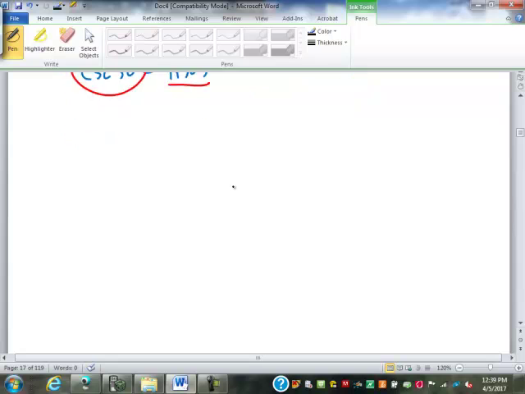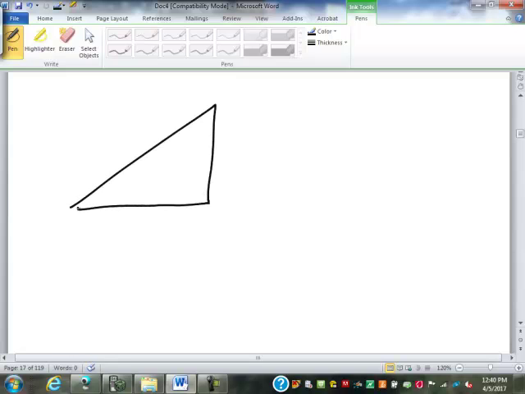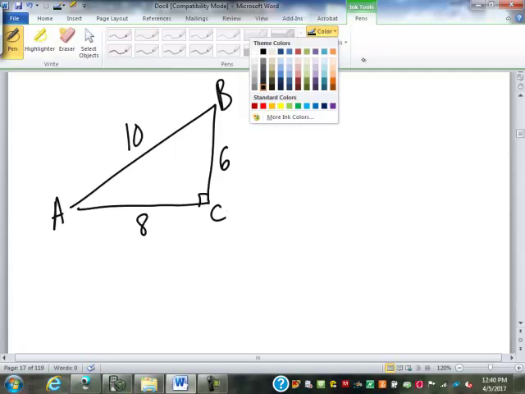Okay, well, today we want to look at finding these from a triangle. So let's say that we have this triangle here. A, B, C. Sides of length 6, 8, 10.